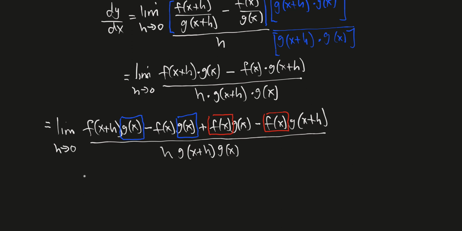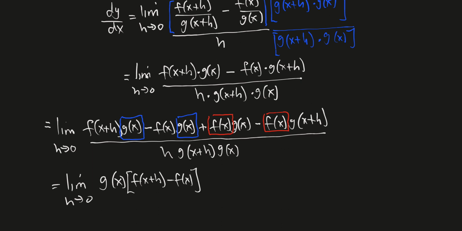So this is what we're going to do. So this is equal to, and then I have the limit as h approaches 0. So factor out the g of x there. So we'll have g of x, and then again in square brackets we'll have f of x plus h minus f of x.